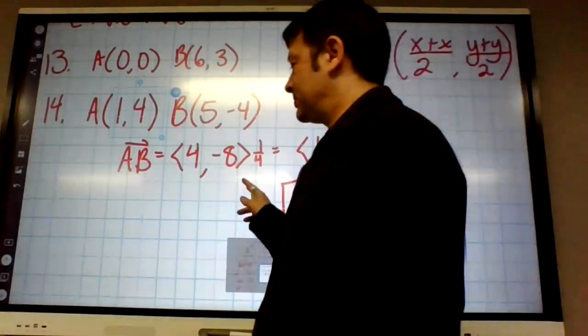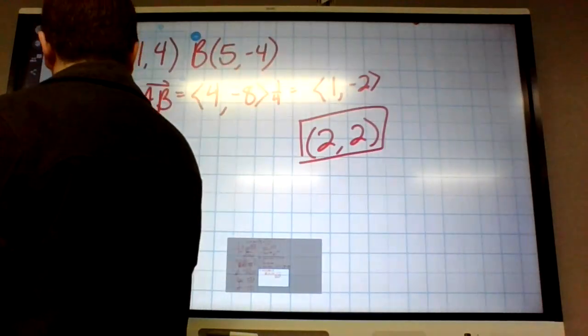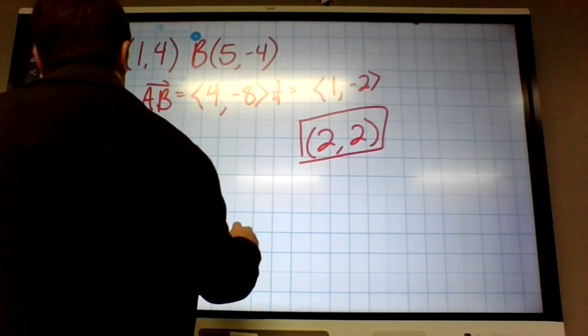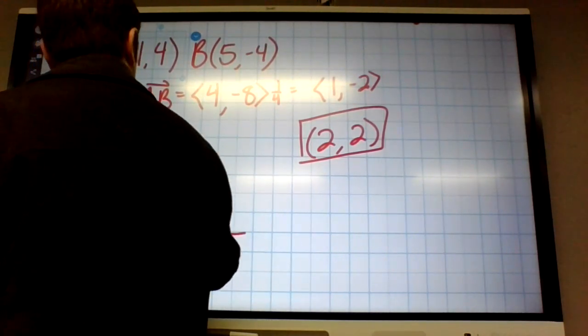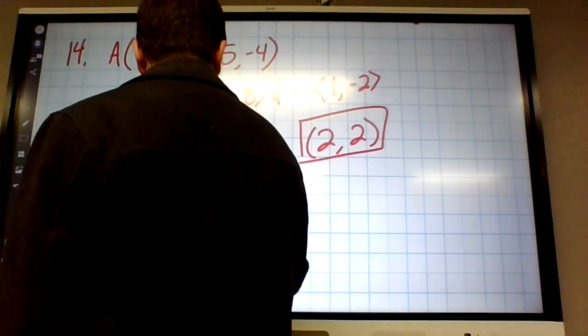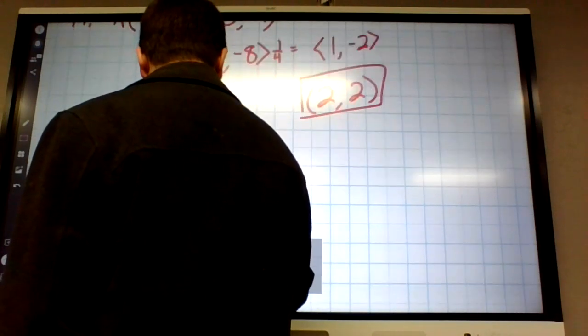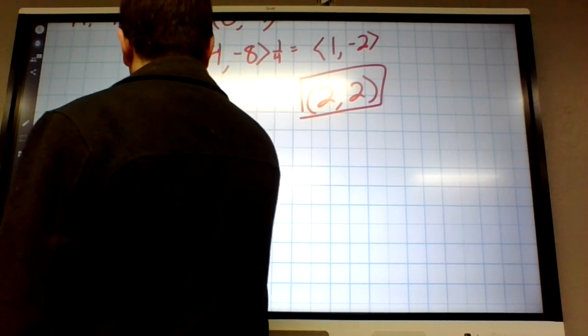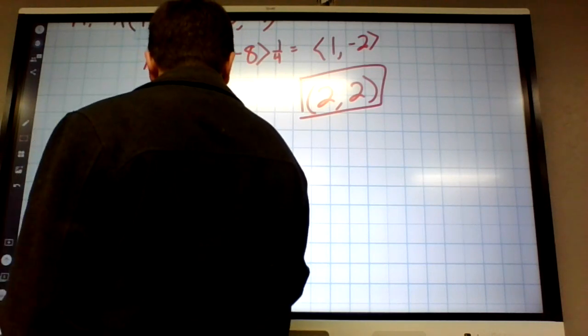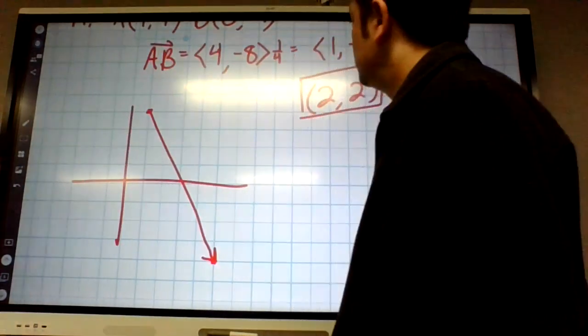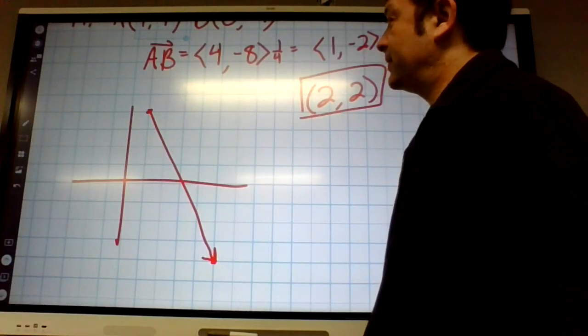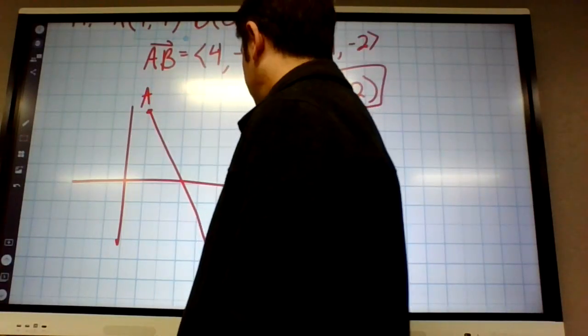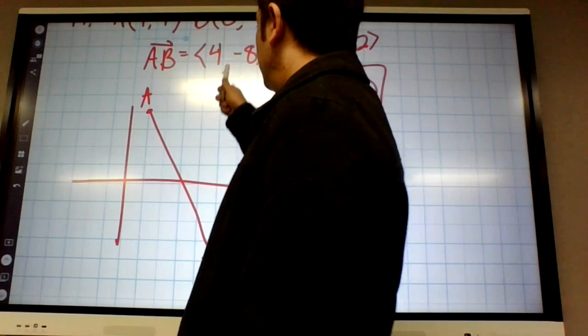It'd probably make more sense if I drew a picture, so real quick. 1, 2, 3, 4, 5. 1, 2, 3, 4. Okay, there's a picture of the vector AB. A was right there, B is right there.